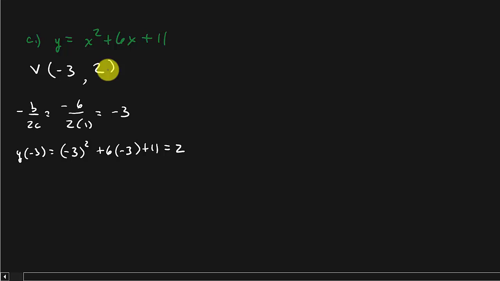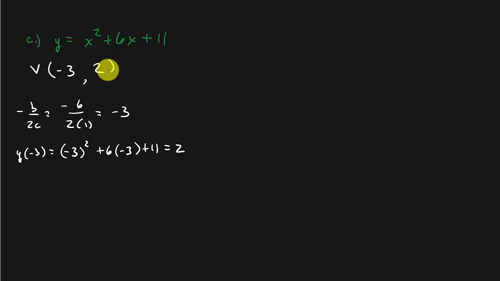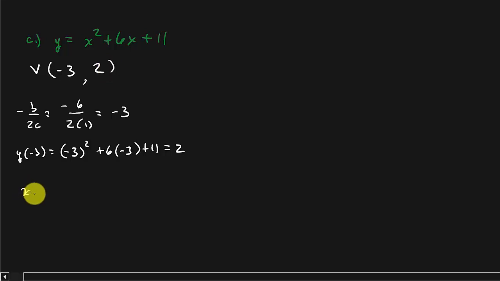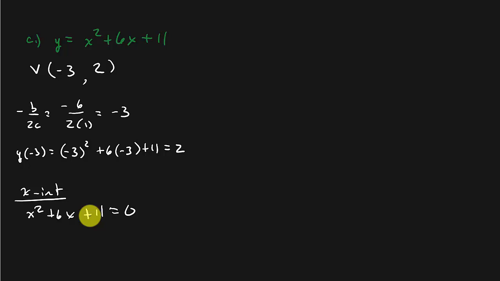All right, now let's find the x-intercept. So I've got x squared plus 6x plus 11 equals 0. Now, this thing doesn't factor, so we've got to use the quadratic formula. Yes, on some of them you may have to use the quadratic formula, and your x and y intercepts don't come out so nice.